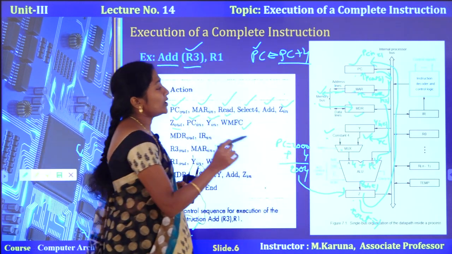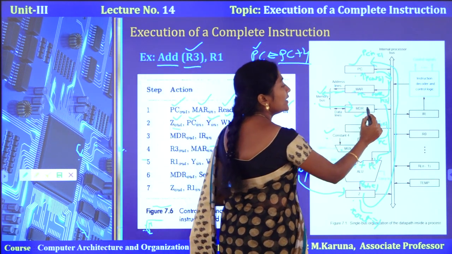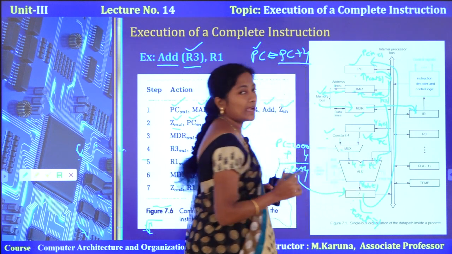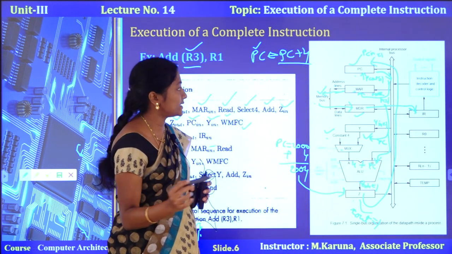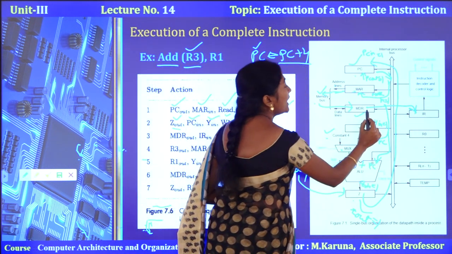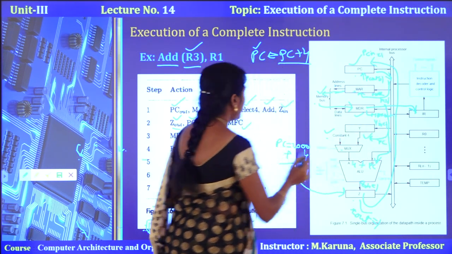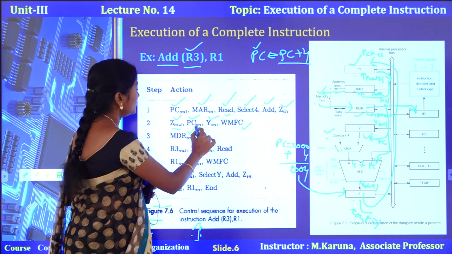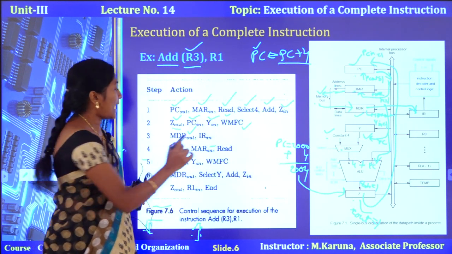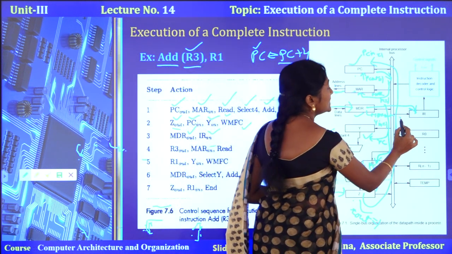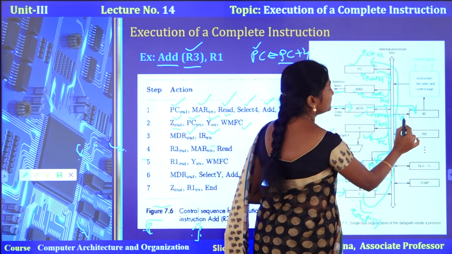Now, the processor receives the instruction code into its register IR, the instruction register, by making MDR out equal to 1 and IR in equal to 1.